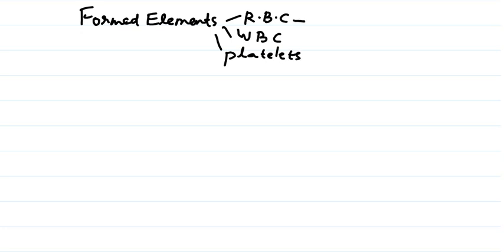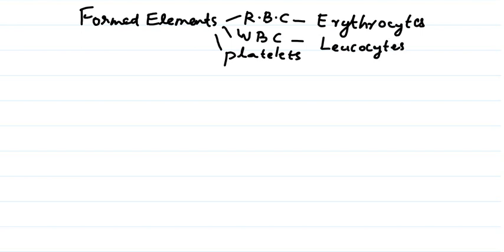Red blood cells are also called erythrocytes. WBC are white blood cells, and they are also called leukocytes. Platelets are also called thrombocytes.